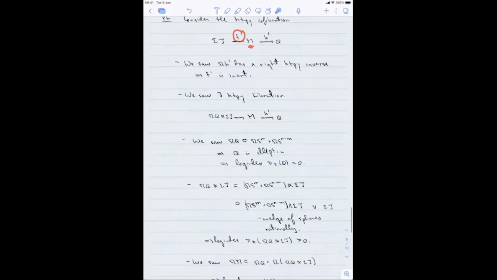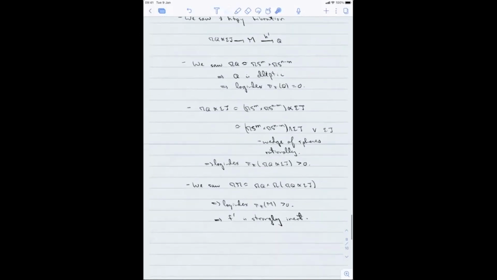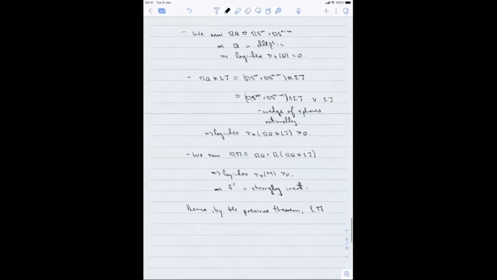So this space in the middle, its free loop space has good exponential growth. So by the previous theorem, the free loop space on this Poincaré duality complex, its rational homology, has good exponential growth.